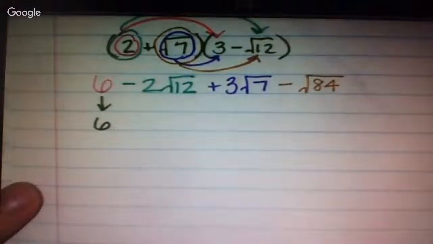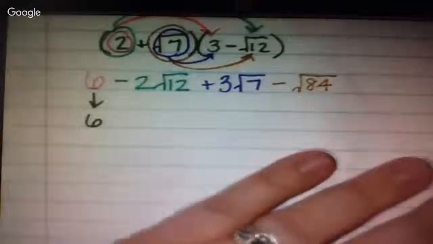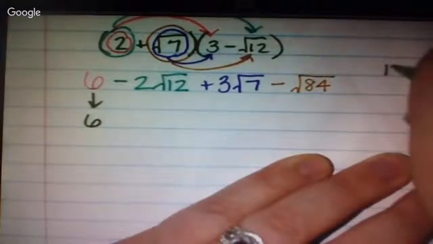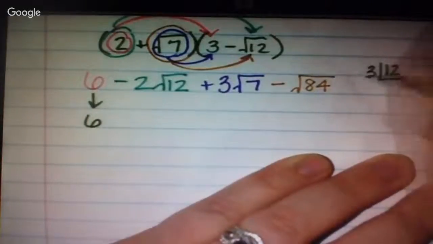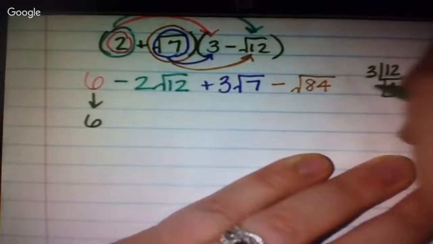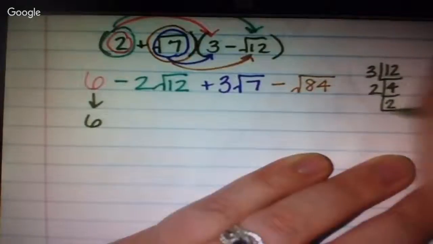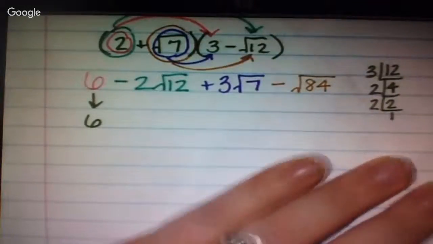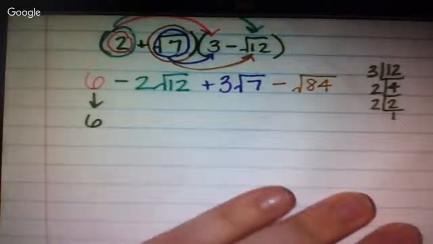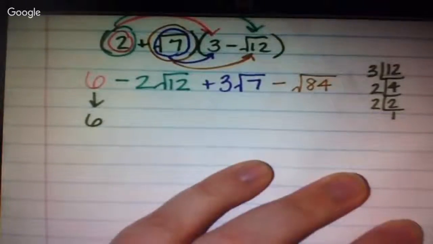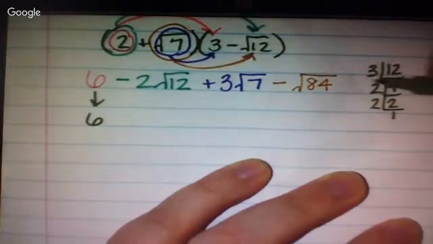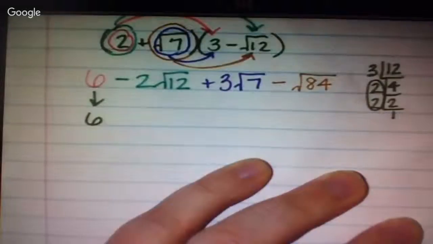Okay, now I need to look at this one. Let's break down 12. 3 and 4. 3 and 4. 2 and 2. 2 again. And 1. Okay, so it's square root, so I'm grouping my 2's.